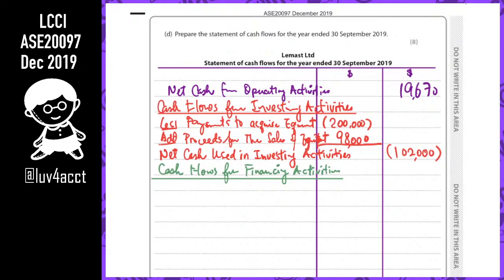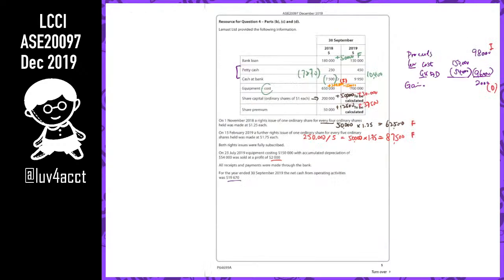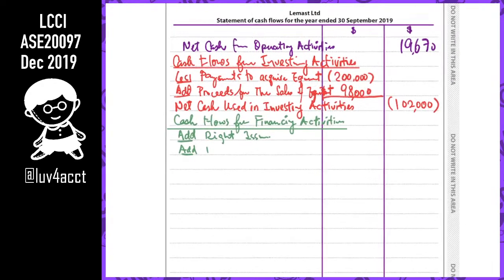So you have 2 things. No dividend declared, let me check later. First you have the rights issue, and then you also have the bank loan. Is it a bank loan? Yes, bank loan taken out, or you can say increase in bank loan.